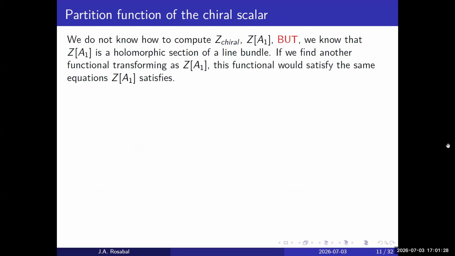If for the scalar field I have this equation, and I know that this scalar field transforms like this, and I find another function transforming exactly like this, that function will be a solution of this equation, in a different gauge, but a solution, because basically these two objects belong to the same line bundle, the same set.